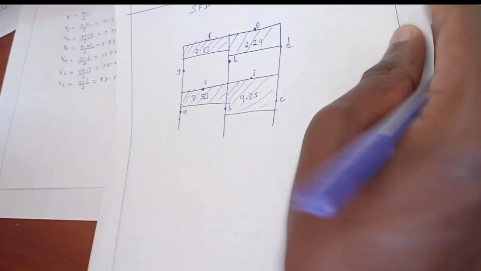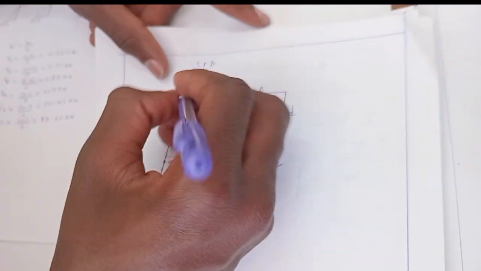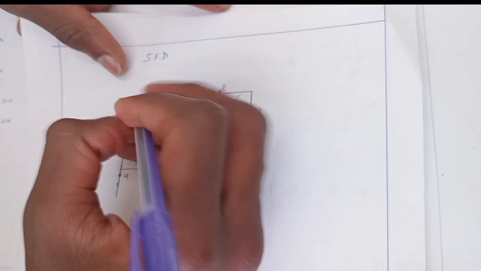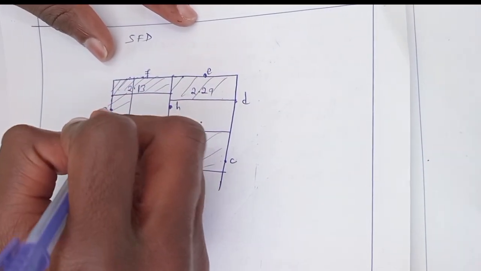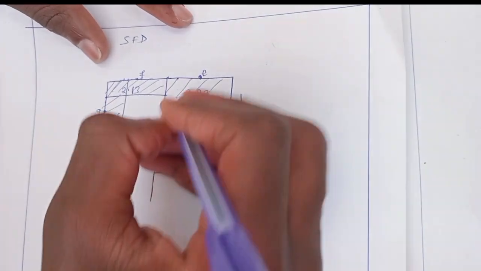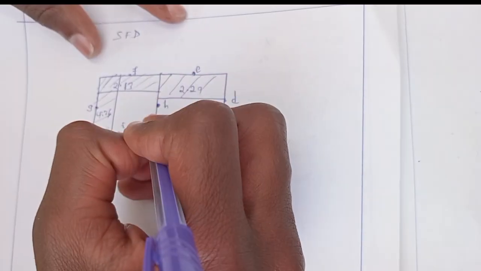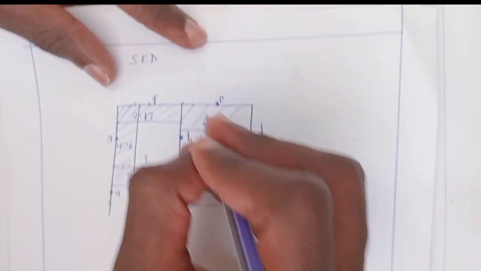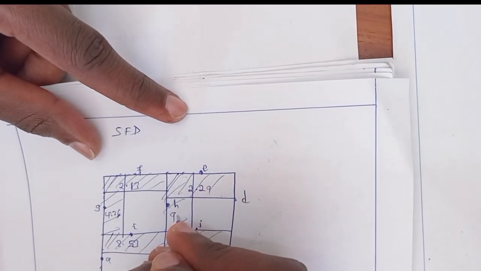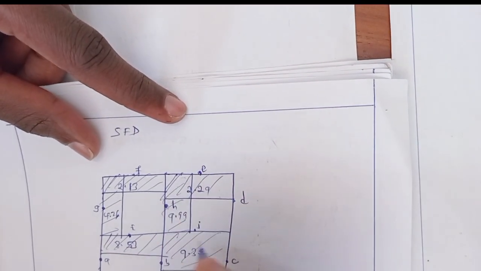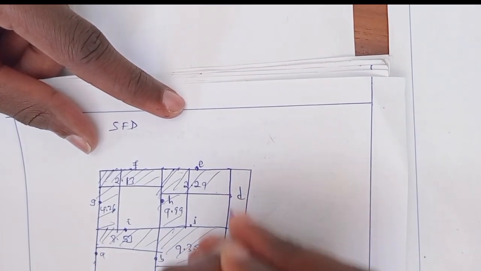Now let's draw the shear force at point G. The shear force at point G was 4.26, and the shear force at point H was 9.99, and the shear force at point D was 5.73.